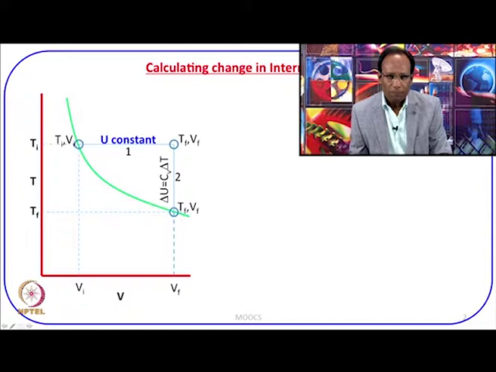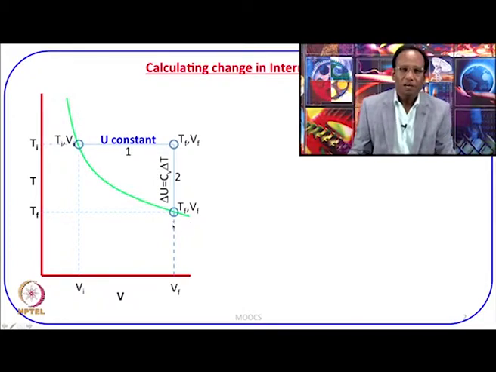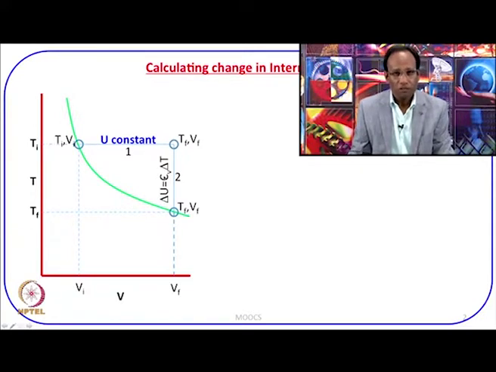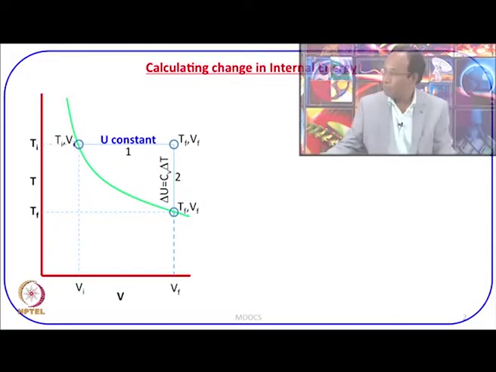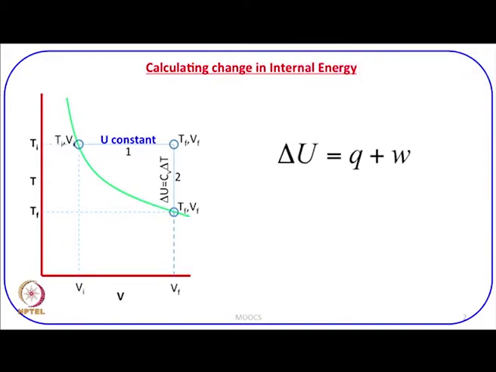And the second step can be, now let the temperature change from T I to T F and the volume remains constant, and here I can use delta U is equal to C V times delta T. This is how you can calculate the change in internal energy. Let us take a look step by step. This is the first law of thermodynamics, and since Q is equal to 0, I can set W is equal to delta U. So, calculations of delta U become very important.